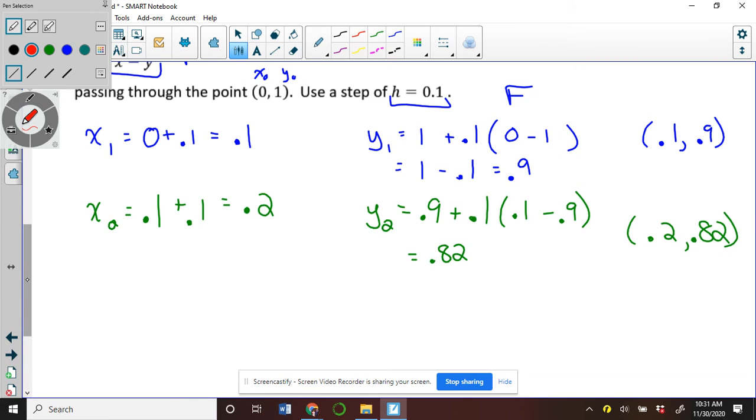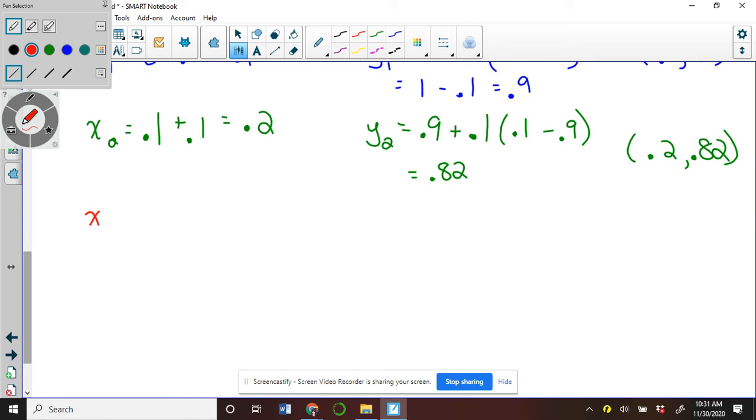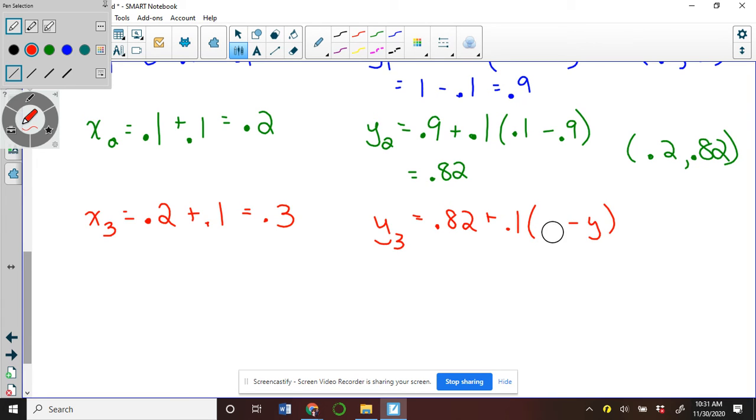For our third step, which is x sub 3, that is our last x plus our step, so 0.3, and our y value for our third step would be our last y value, 0.82, plus our step of 0.1 times our differential equation at our previous points, where x was 0.2 and y was 0.82.